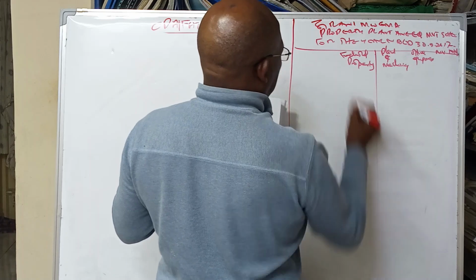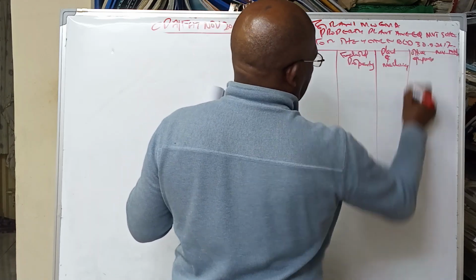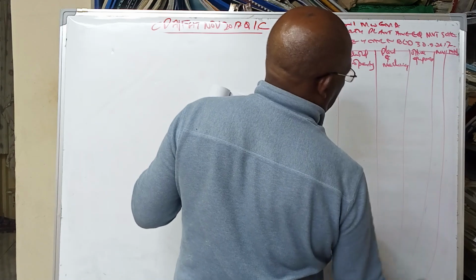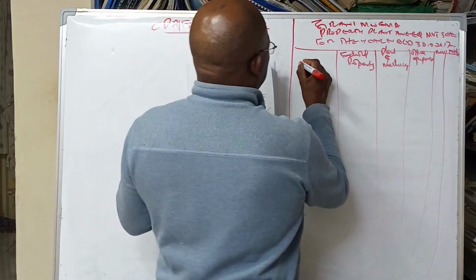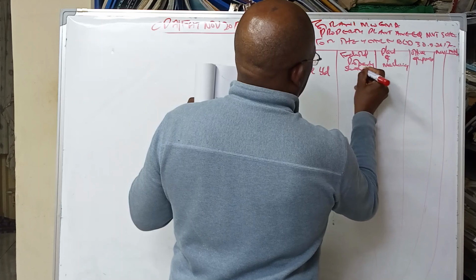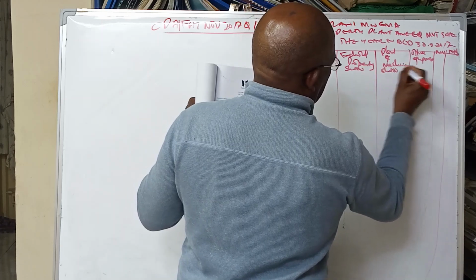You could even do lines, because of our small space. Now, we say balance brought down, and you are told it is shillings in thousands.